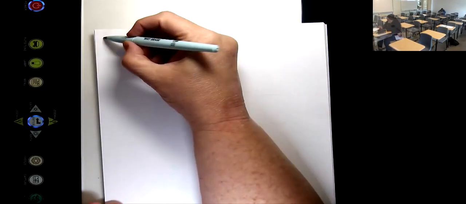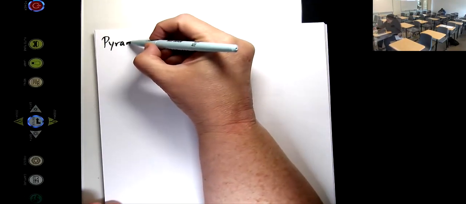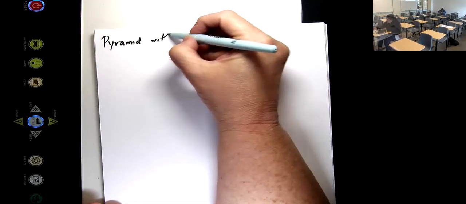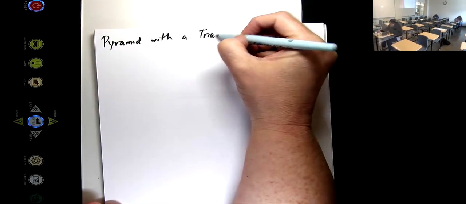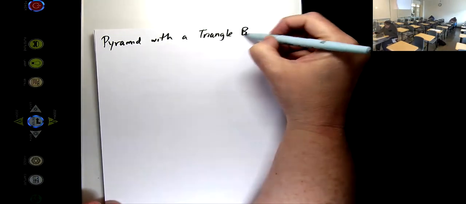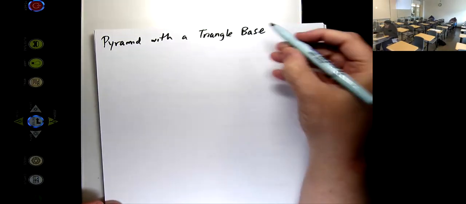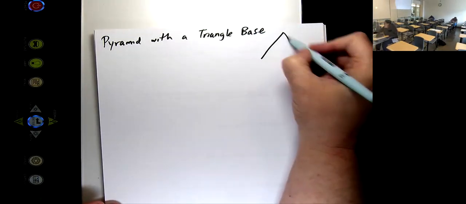Let me give you guys one to try. Let's do a pyramid with a triangle base. The triangle base looks like this.